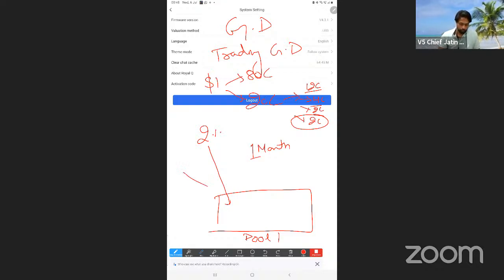So if you're getting any profit, 2% is always deducted and added to this pool. Now for the whole month, whatever money is added here, maybe $100,000 from the trades that are happening across the globe in anybody's account, this $100,000 will again be divided among all the V6.